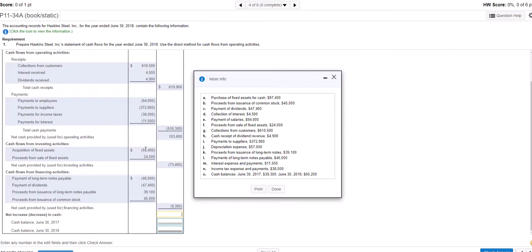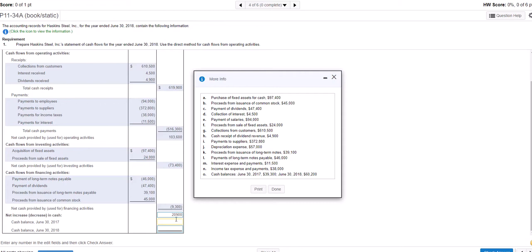Investing in equipment is not necessarily bad if it's going to pay off in the long run. However, I did wind up spending more than I made, and here I paid off more than I borrowed, so that's a negative. But still, at the end of the day, my total is going to be a positive amount of cash that I've brought in.